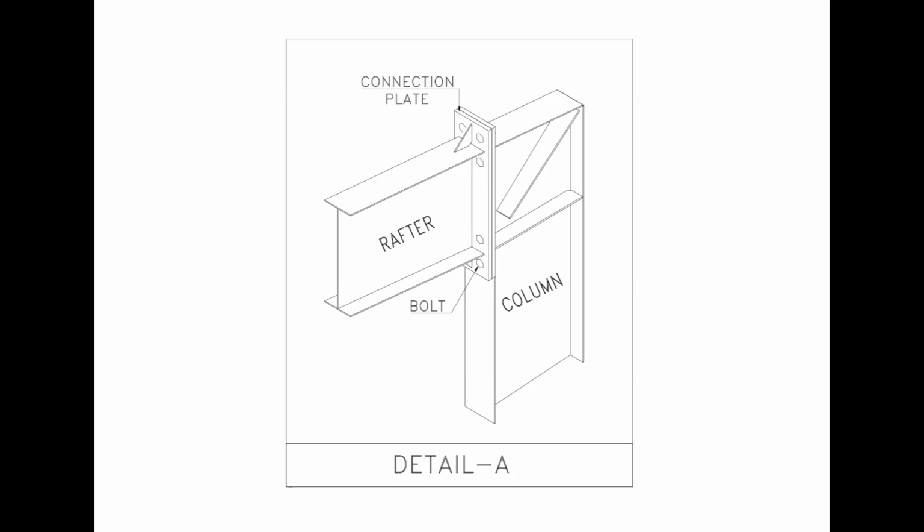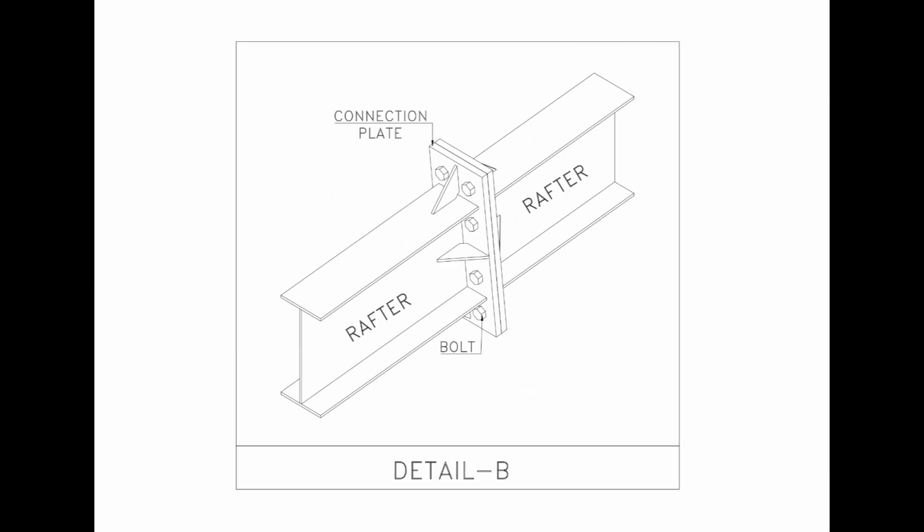This type of detail is important because the primary structural members are fabricated separately and then assembled on site. The connection detail provides the information needed to correctly join the rafter and column as part of the main structural frame.